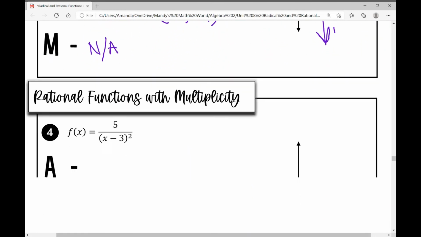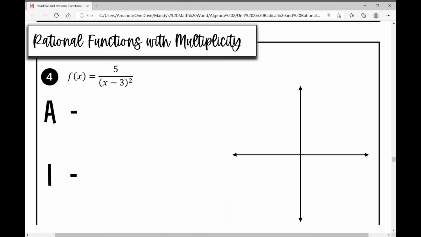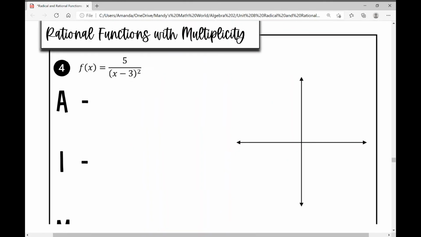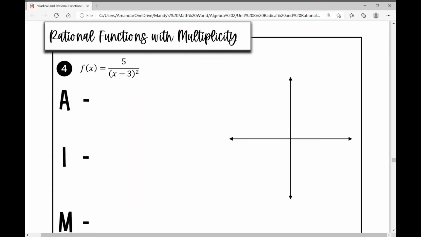And the fourth example is actually an example that contains multiplicity. But let's go ahead and work through our acronym here, AIM. So the A stands for asymptotes. So I'm going to look for the vertical and the horizontal asymptotes.